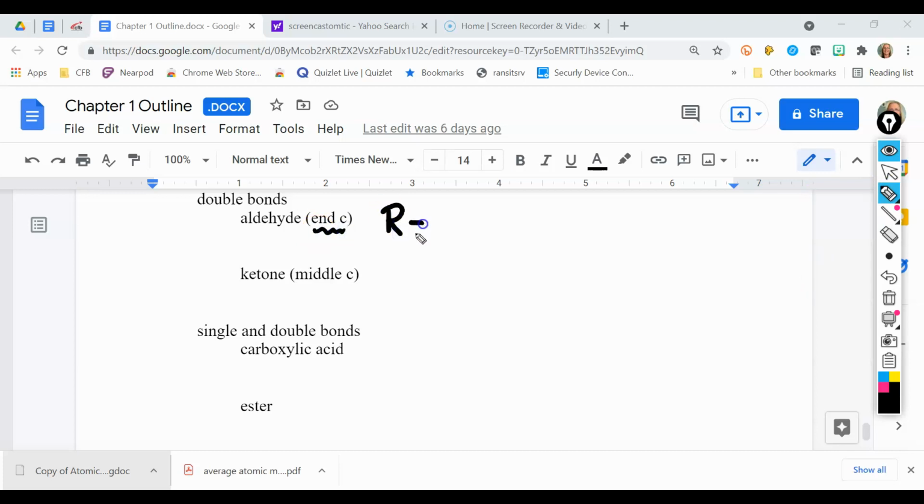So here is our carbon chain, and then we end up with an oxygen double bonded on the ending carbon. So you end up with an O here and an H here. And I'm only drawing in the H so you can see where it is. So an example of this might be CH3, C, double bond O, single bond to H like that. And that is called an aldehyde.